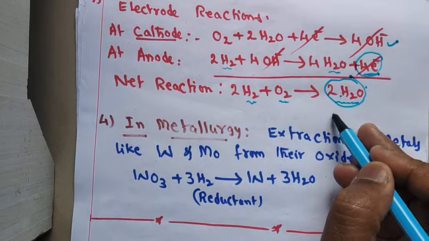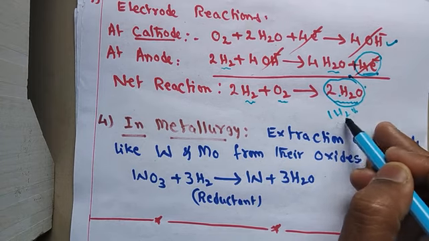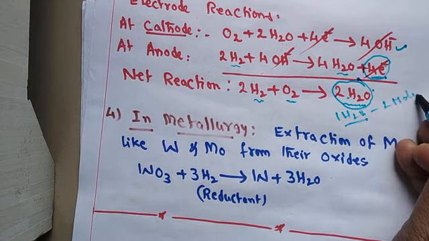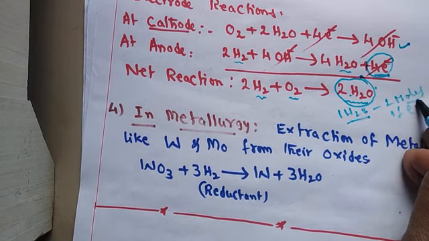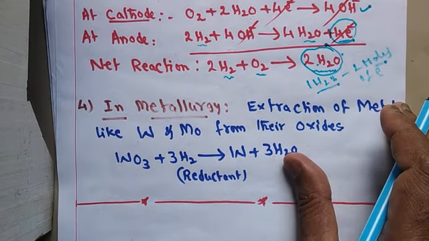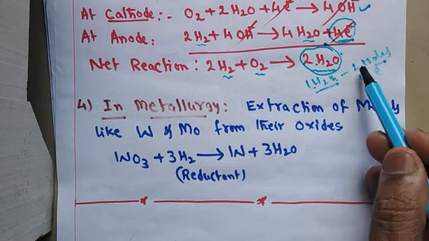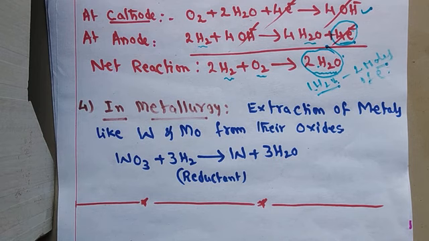As per the ratio, for the formation of 1 mole of water, how many moles of electrons are involved? 2 moles of electrons only. For the formation of 1 mole of water, 2 moles of electrons are required.